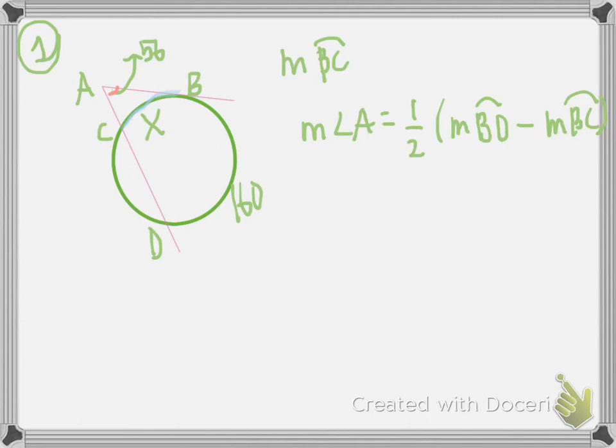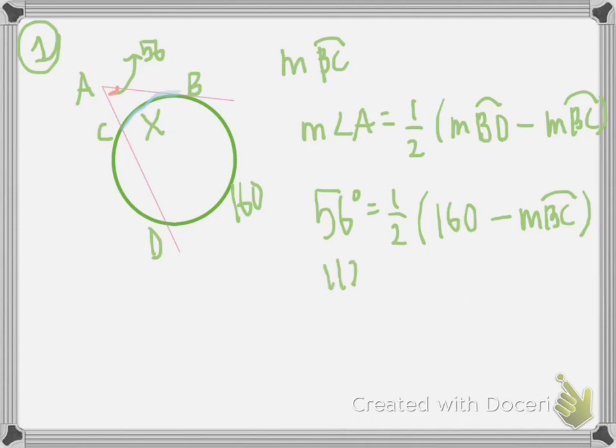I know the measure of angle A is going to be 56 degrees. Then it's 1/2 times BD, which is 160, minus the measure of BC, which you could call X if you wanted to make it a little bit easier. So multiply by 2. So 56 times 2 would be 112.